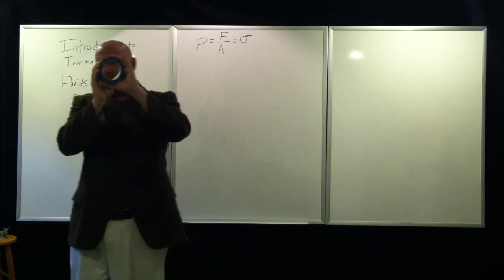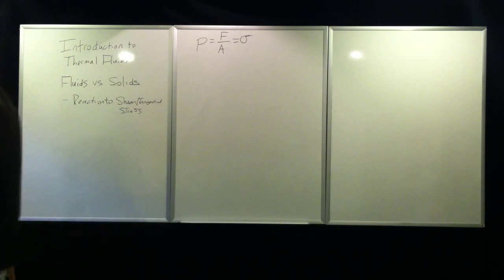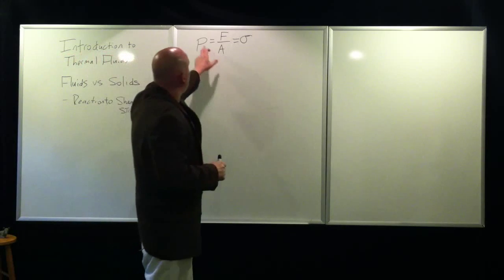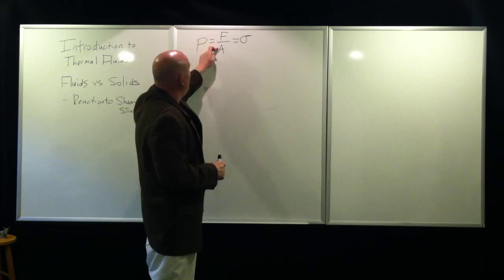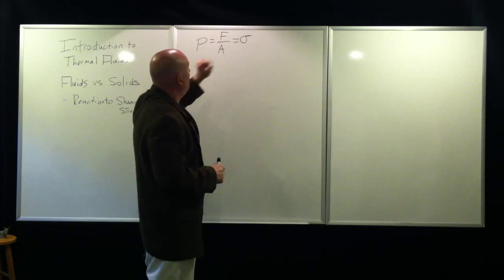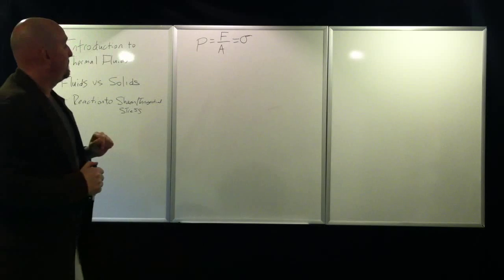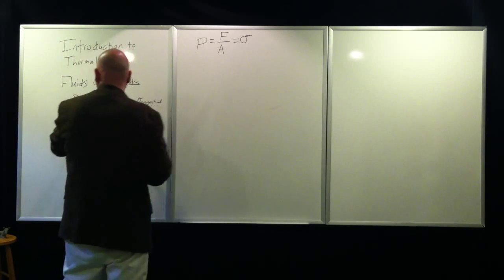And the solid has static deformation. We've discussed what pressure is, a force in newtons over an area. It has the same units as sigma, which is our perpendicular or normal stress.